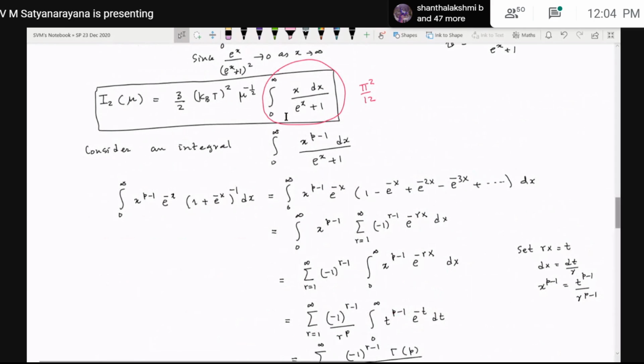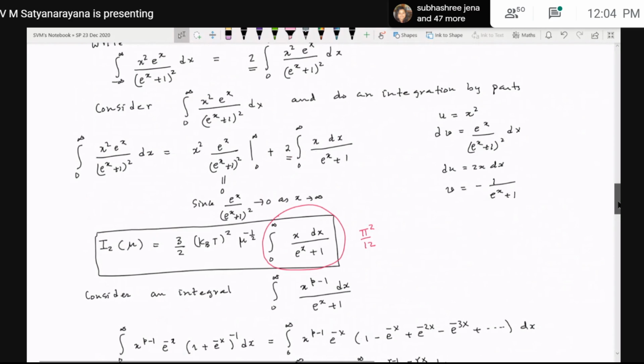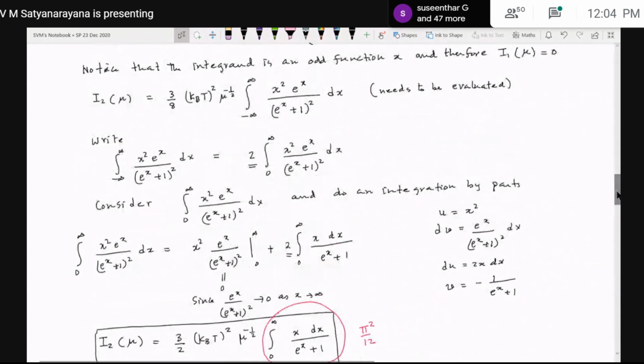Okay, so I think I should have that 4 sitting there. Wherever I have 3 by 8, this will be equivalent to our 15 by 8 here.